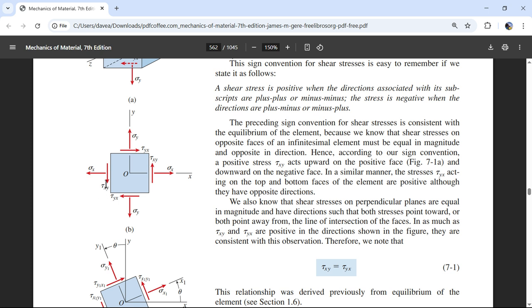Because that might help you. Because this is the negative x face, and then the arrow is actually in the negative y direction. And so the convention says that if you have positive positive or negative negative, that's going to be a positive shear convention.